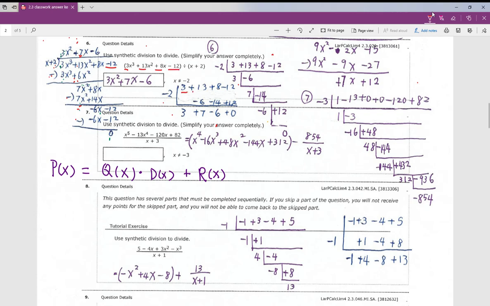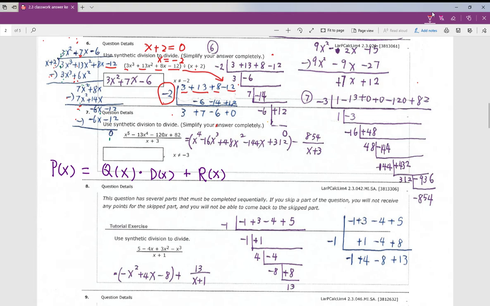You only copy the coefficients. And then you change +2 to become -2. Or you can say x plus 2 equals 0, you solve for x. x is -2. That's a very important concept.